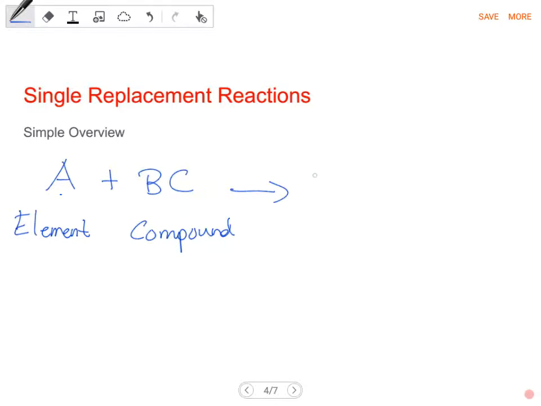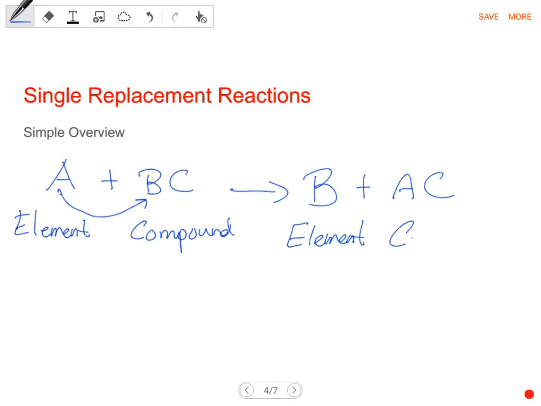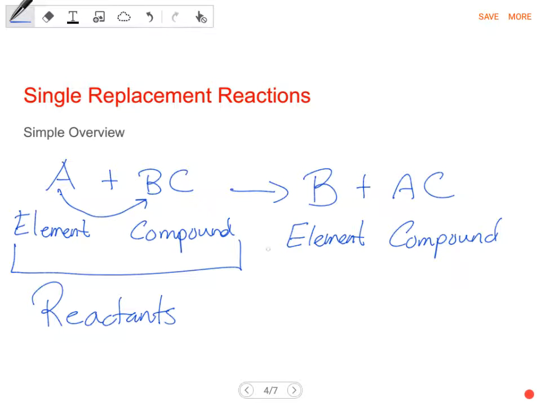As an example, B might be kicked out because A comes in and takes over. So that's going to be plus AC. This is your new element. This is your new compound. Remember, this is your what side? This is your reactants. And these are your products.